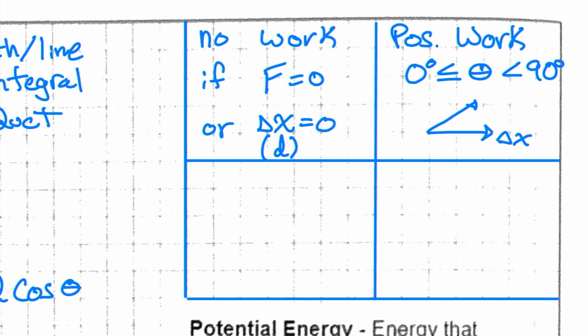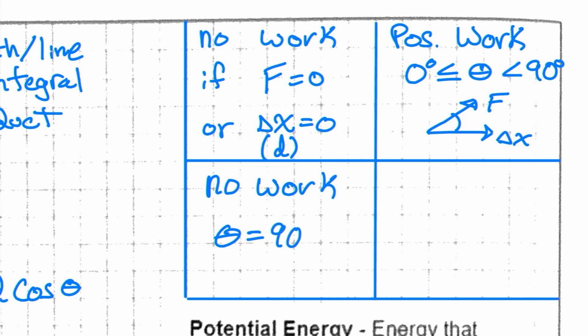The force could be up at an angle like this. And as long as that's an acute angle, cosine of theta will be positive. This gives us a positive amount of work, and that is symbolic of energy being transferred into the object or into the system.